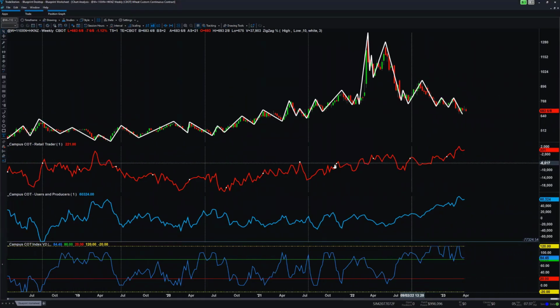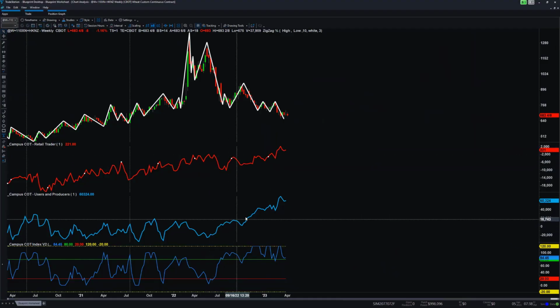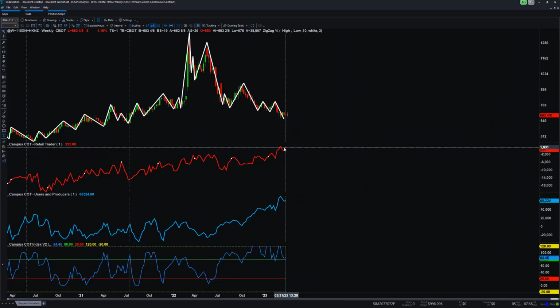So now as well, by just looking at the nets, I can kind of see that, well, the retailers and the commercials, they kind of do the same thing here as well, right? And you can see the nets here on the retailers as well, 221. Wow, that's pretty small, right? 221 contracts. Of course, they're not going to make a huge difference here, right?